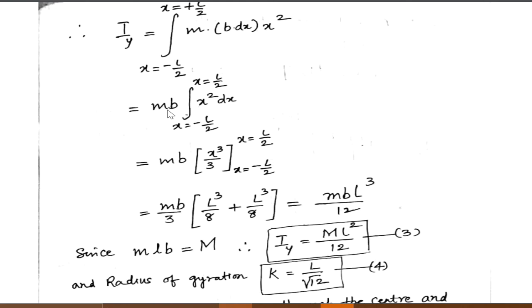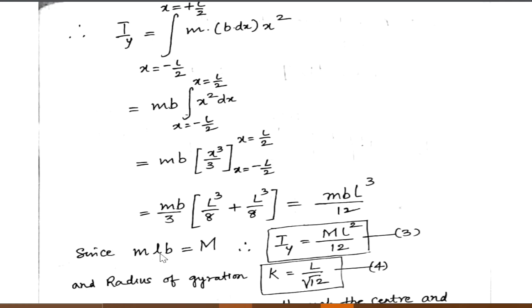So take m into b as common factor into integral x square dx between the same limits. Integrating the x square term, we get x cube by 3 between the limits. It is equal to mb by 3 into L cube by 8 plus L cube by 8. Simplifying, we get mbL cube by 12.